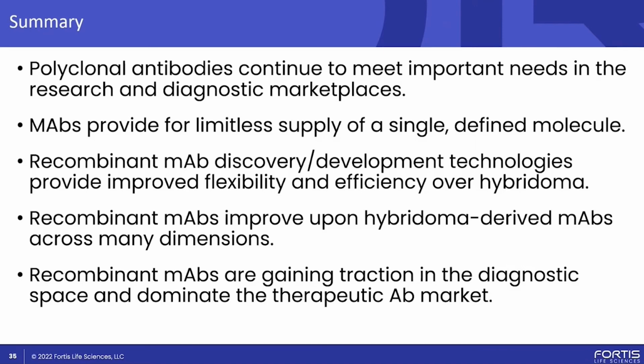The technologies associated with recombinant mAb discovery and development offer flexibility that you don't have with hybridoma. For example, you can't make hybridomas from people, where you can take blood from people that have been exposed, for example, to Ebola and find antibodies against that pathogen.